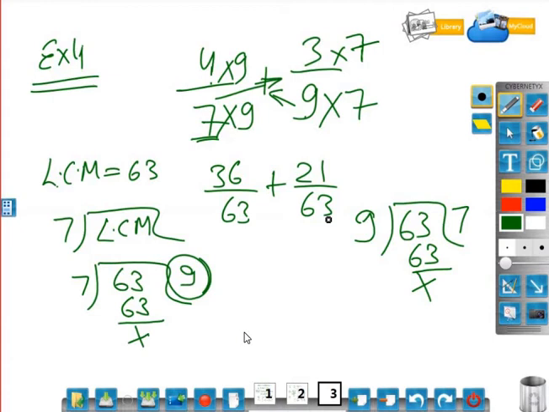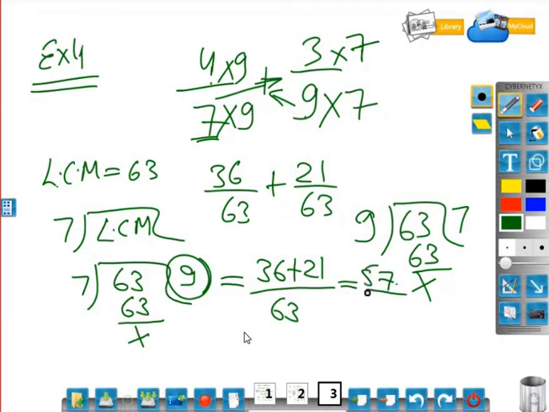If they are like, what can be done? That is 36 plus 21 upon 63, that is 57 upon 63. So in this way, we can add unlike fractions by making them like. This is the biggest thing.